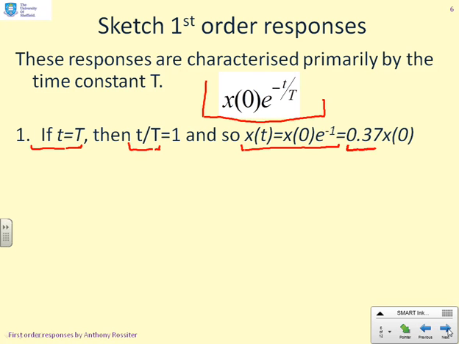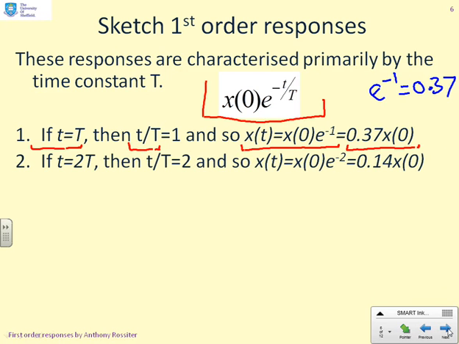E to the minus 1 I can compute with my calculator, there it is, so I get 0.37 x(0). Now that 0.37 is going to be quite important, and if I write this again, we're basically saying e to the minus 1 equals 0.37 or approximately, and that's a key value to remember.